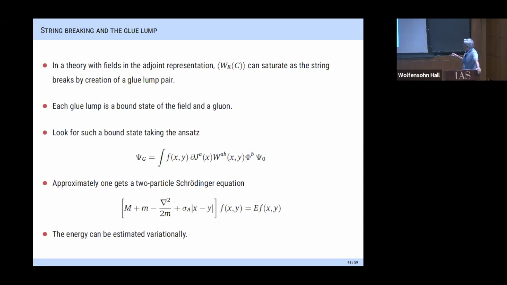Okay, and then I put a gluon, which is in terms of the current, something like d bar j, and I make a gauge invariant operator, act on psi naught, and this is an ansatz for a glue lump wave function. Okay, and this little f here is some arbitrary function. So the idea is try to see if I can impose the Schrodinger equation on this wave function and see if I can translate that into some statement about f.